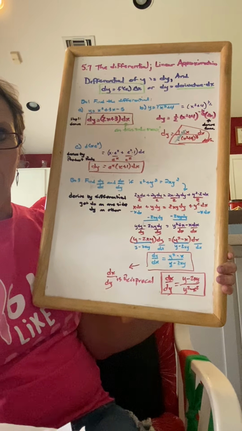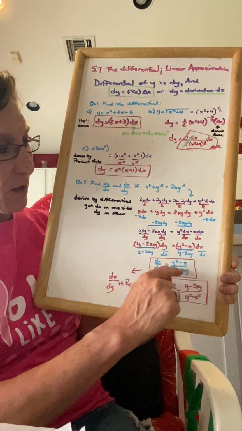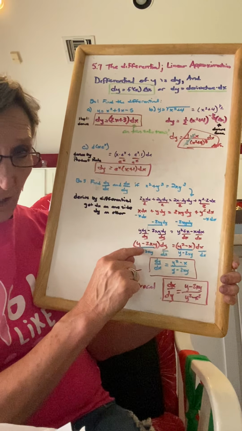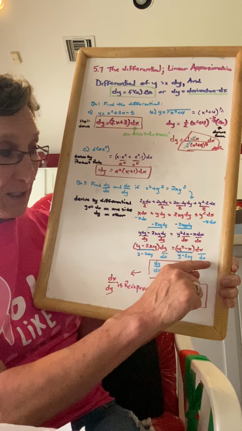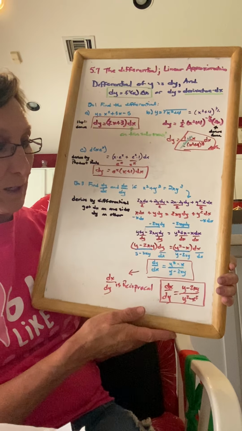So I'm going to divide out, I did 2 things at once here, I'm sorry. I decided to divide out this quantity of y minus 2xy to that side. So that's on that side now. But if I divide out the quantities to the right side, I have to divide out the dx to the other side. So now I have dy dx equals y squared minus x all over y minus 2xy.